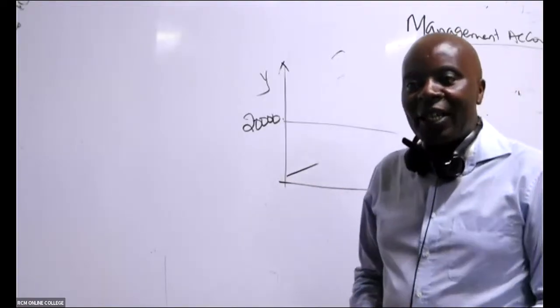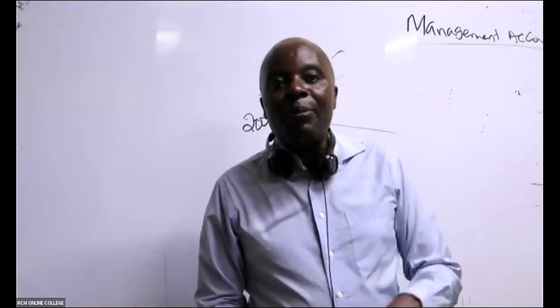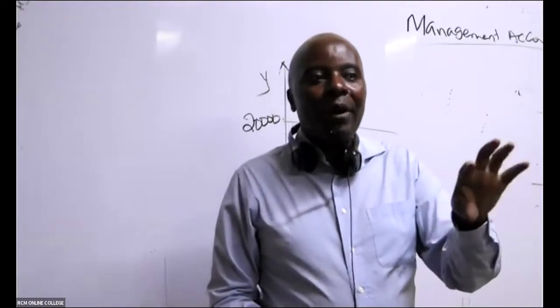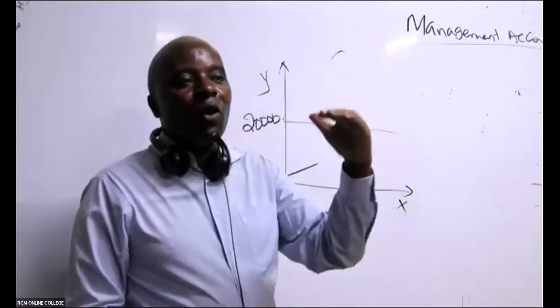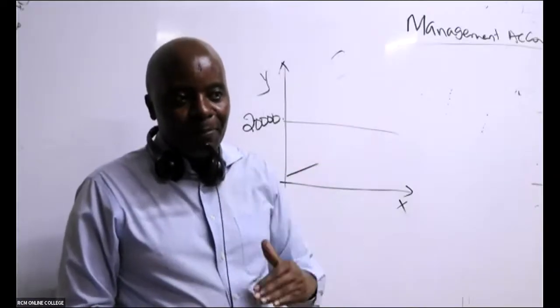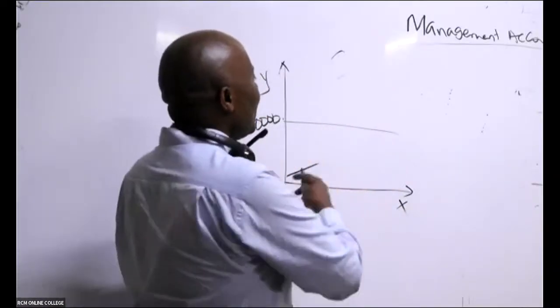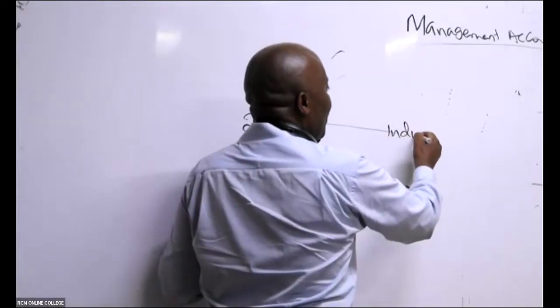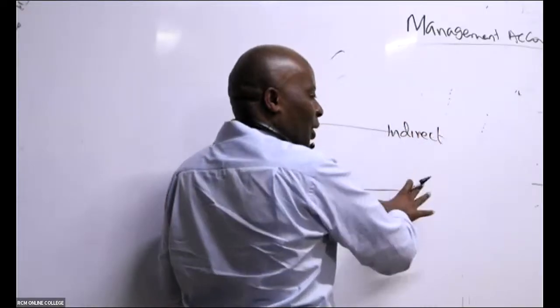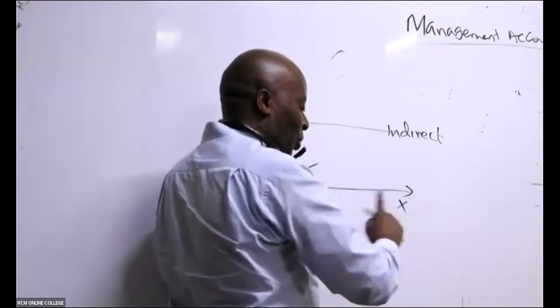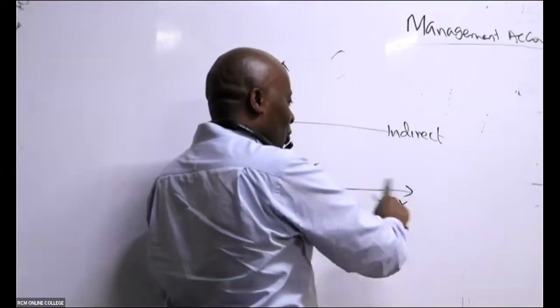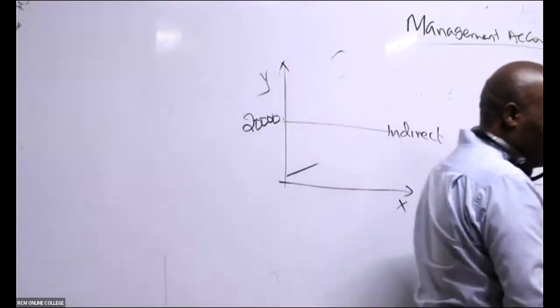Will he accept? No, because rent is periodical. It's payable on a monthly basis, regardless of our volume of activities. So then this becomes what we call an indirect what here? Indirect costs do not have any association with the volume of production. You produce zero, you still pay it. You produce whatever, you still pay it.